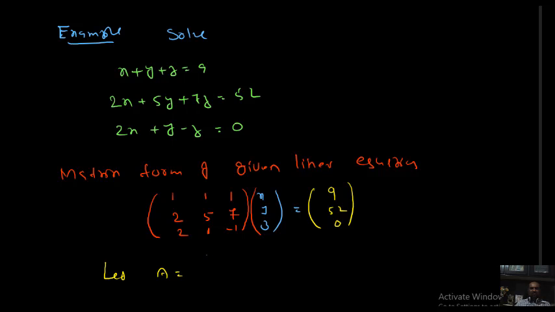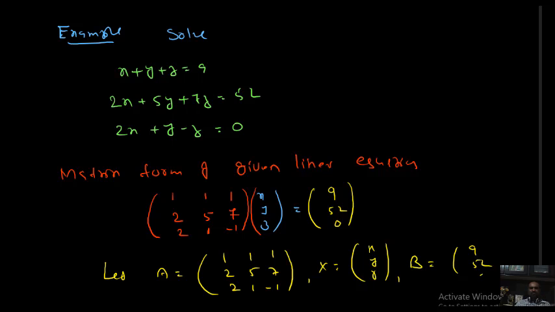Let A equal to [1 1 1; 2 5 7; 2 1 -1], x equal to [x y z], B equal to [9 52 0]. In the examination you write a coefficient matrix, variable matrix, constant matrix. That implies Ax equal to B or x equal to A inverse into B. But in the examination you need to write steps, how you got that A inverse, by pre-multiplication of A inverse on either side, like that.